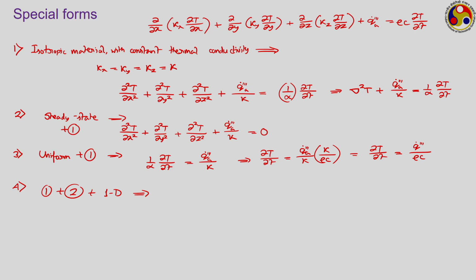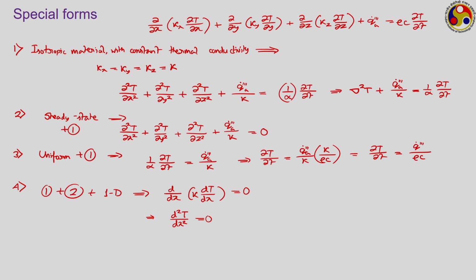Then for a one dimensional heat transfer situation, if x is the only important direction, the equation becomes something like this, and if k is independent of space, then it is just d2T dx2 is equal to 0. So, a very simple second order ordinary differential equation which can be solved with suitable boundary conditions.